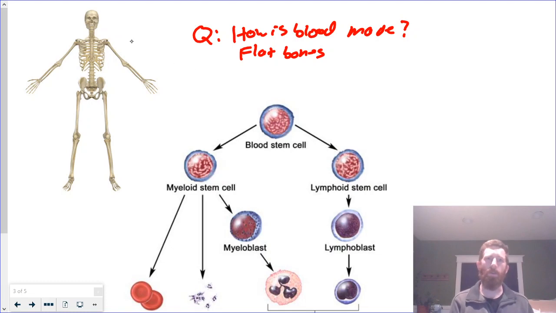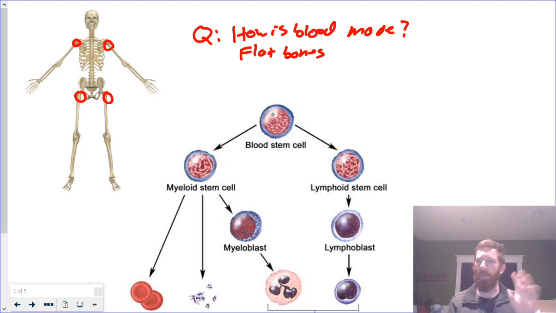And then also blood is made in the proximal epiphysis of the humerus and the femurs. So that's where blood is made, right?